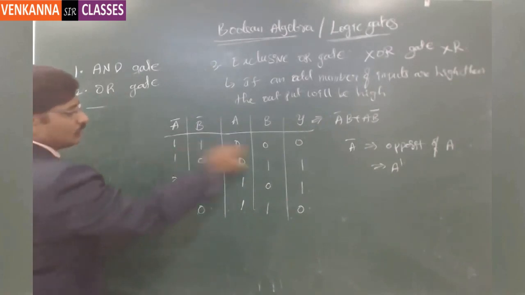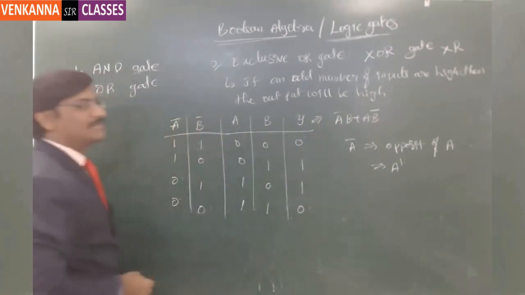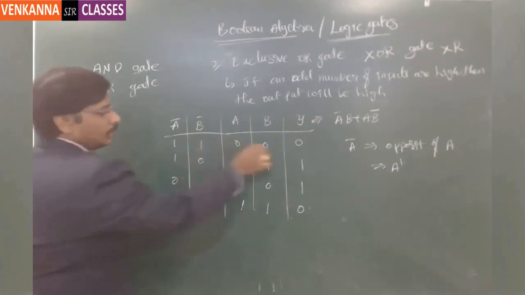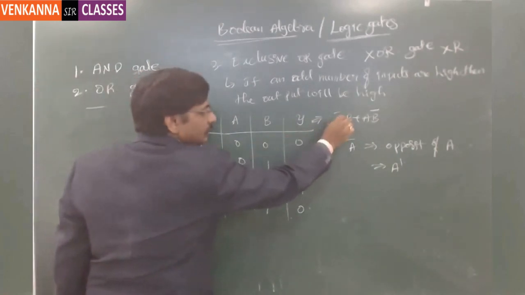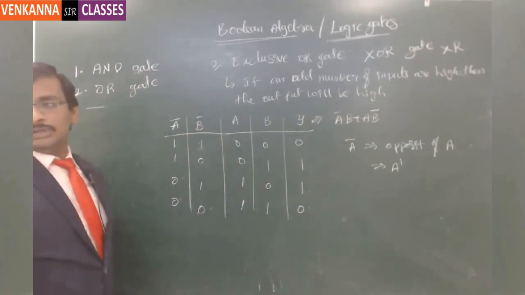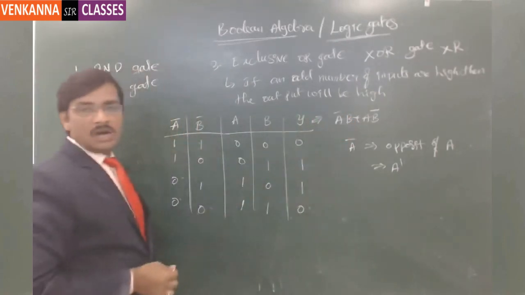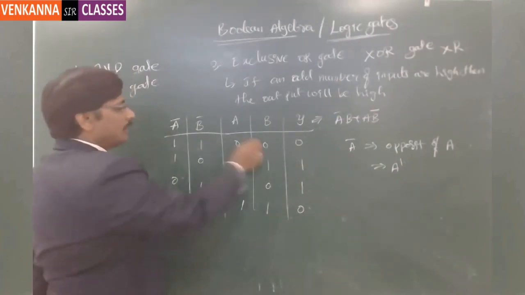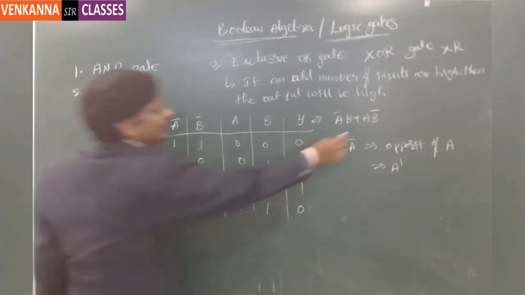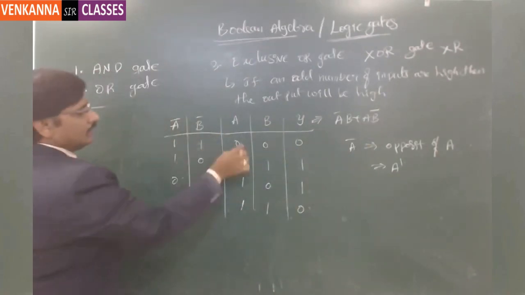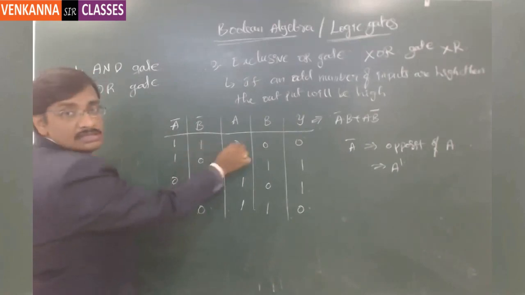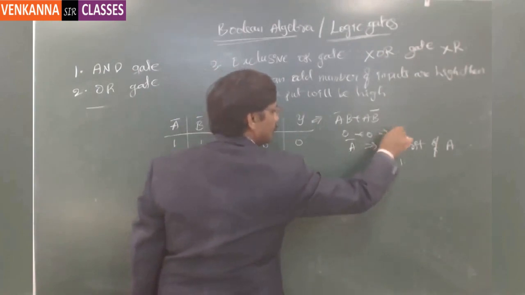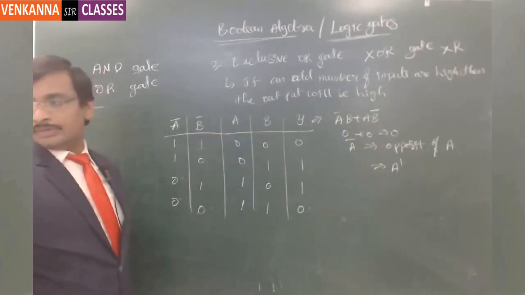Now if you find the value of A bar B plus AB bar, for the first row, A bar is 1 and B is 0. Here there is a dot, and dot means the product, which is nothing but the AND gate. So 1 into 0 is 0 for A bar B. And for AB bar, A is 0, B bar is 1, and this is again 0. So 0 plus 0 is going to be 0. That's what we have written here.